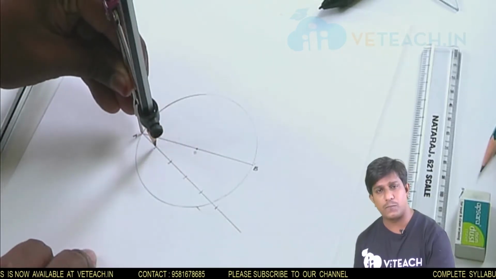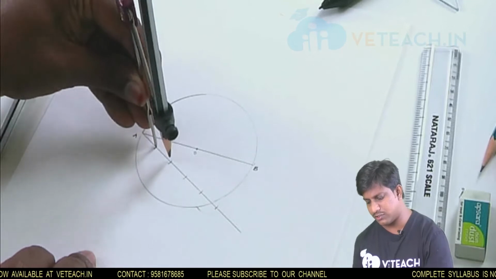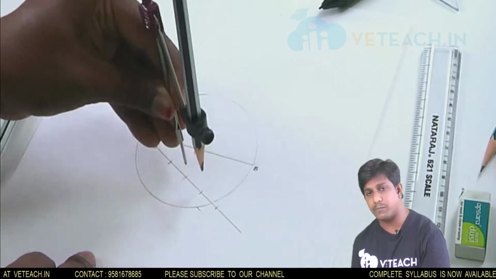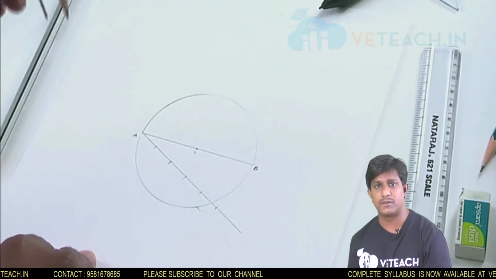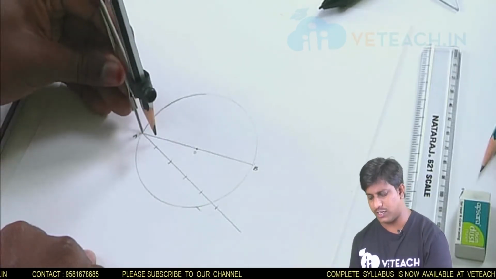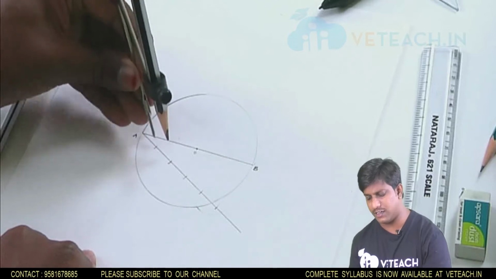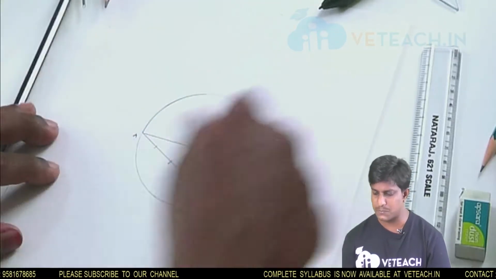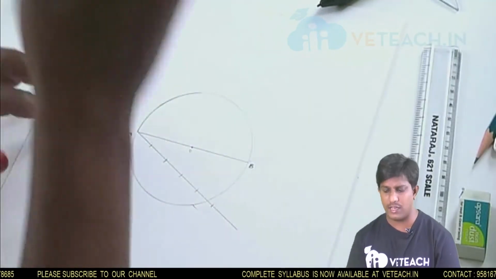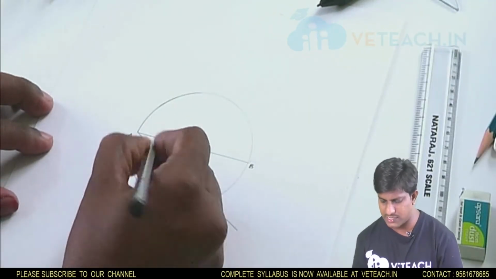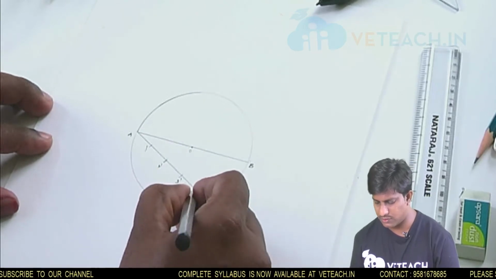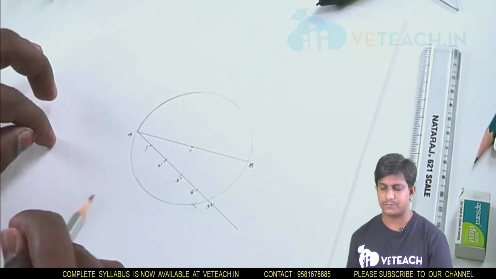If you take 0.6, you have to take another 0.6 and draw another arc, and another 0.6, but you should not change the measurement. With the same radius only you have to draw the arcs. Here I am naming the points 1 dash, 2 dash, 3 dash, 4 dash and 5 dash.